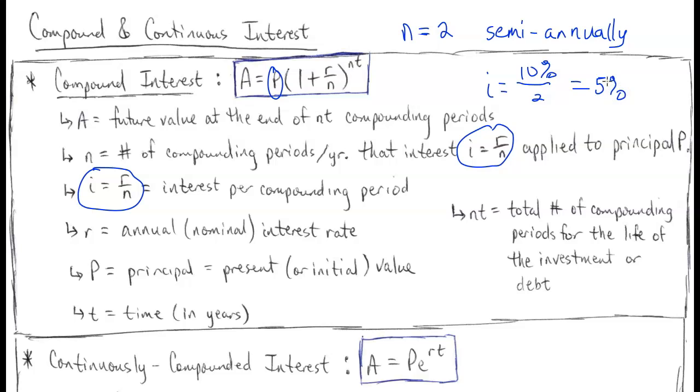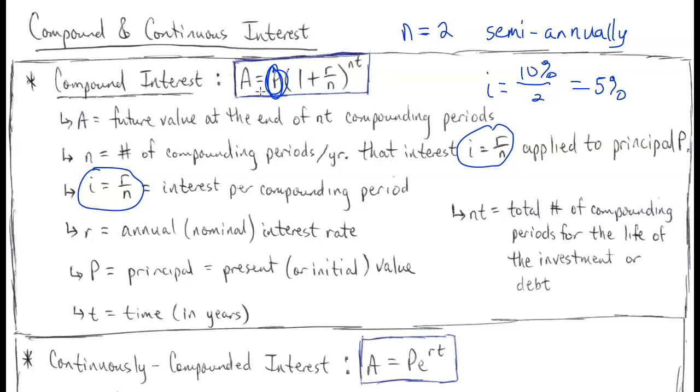So at the end of 6 months, whatever initial money P you had in the investment or you borrowed is going to have an extra 5% added on to it.